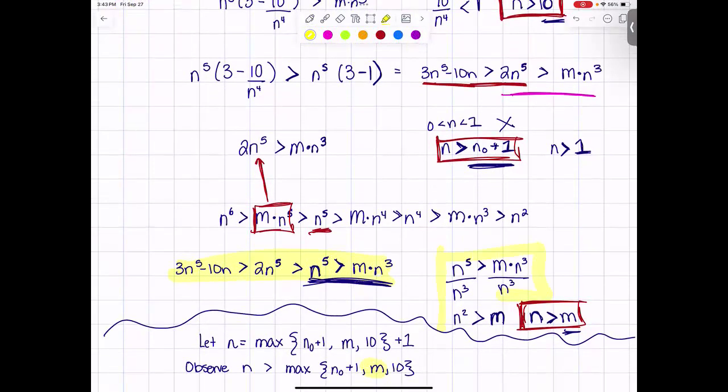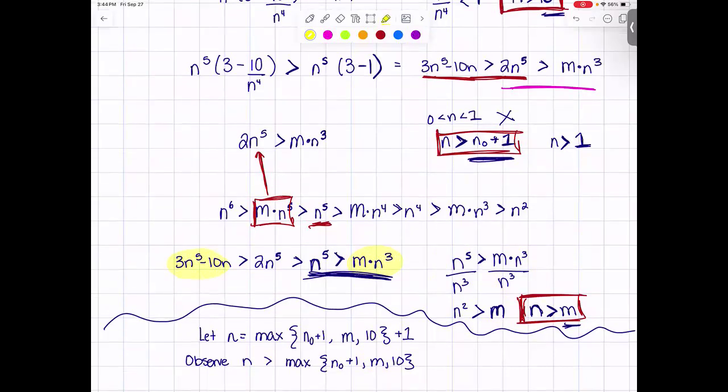And then we can do this math over here to prove that that is also going to hold true. And as long as we can show that all of those hold true, we have then proven that our original statement of 3n to the 5 minus 10n is indeed greater than m times n to the 3 for all m and for all n naught, where there exists some value of n where this will hold true, where n is going to be the maximum of those values right there.